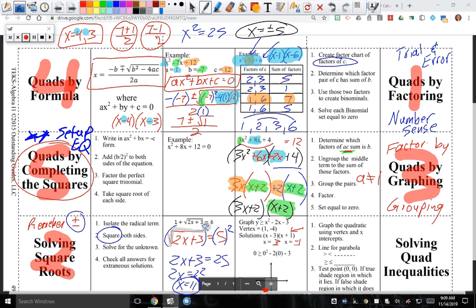So let me make sure I got this right. The vertex is 1, -4, the solutions are at 3, which is way over here, and -1. Oh, that's why. 1, -4 is down here, guys. My bad on that. I don't know why I drew it over here in the third quadrant.